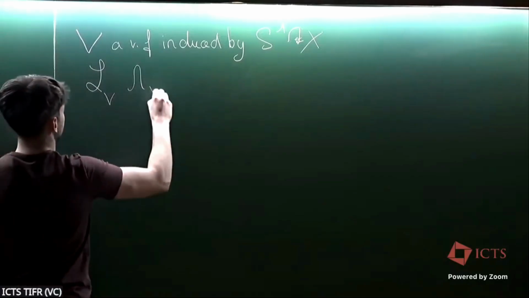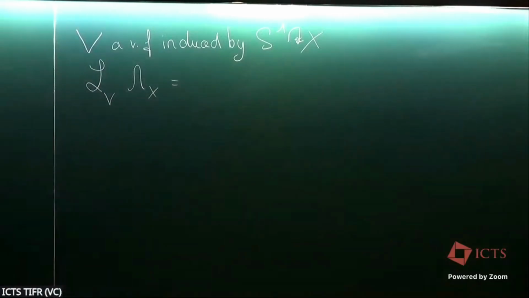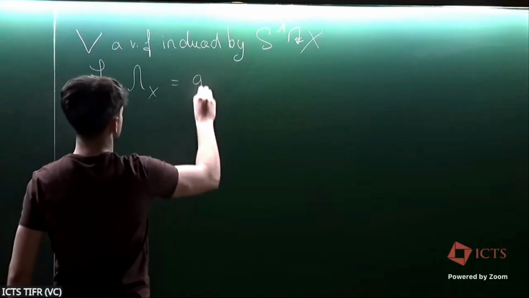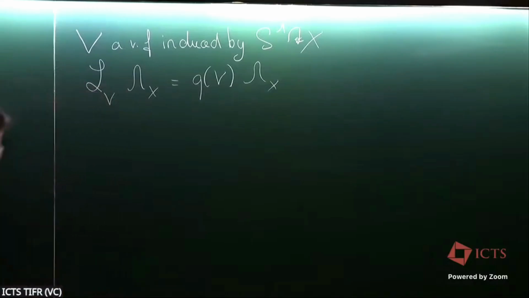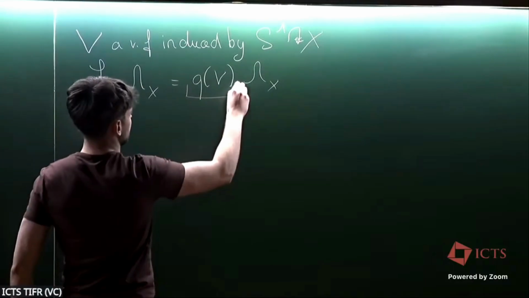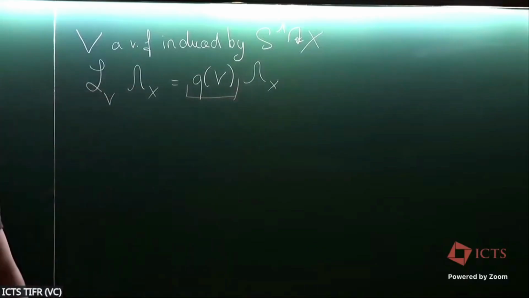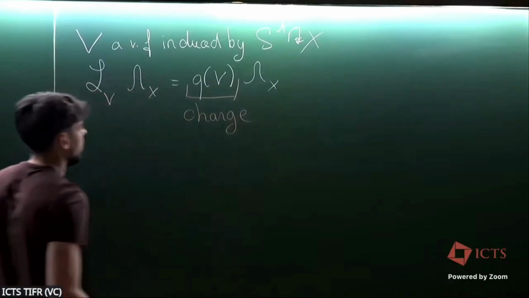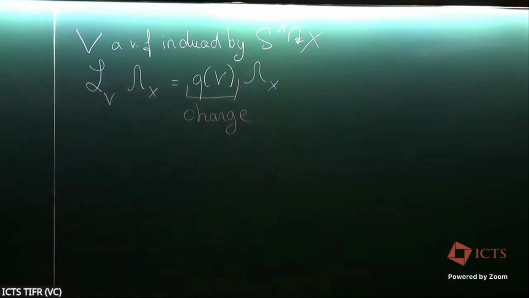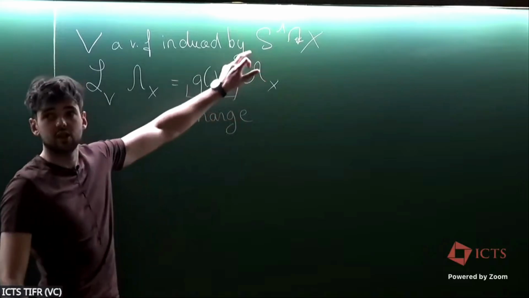By assumption, it turns out to be a multiple of my complex volume form. And this Q here, I'm going to call the charge of the complex volume form. So it really depends on the action here.